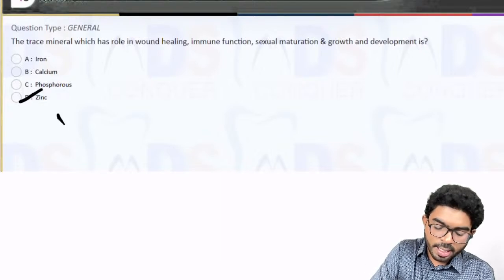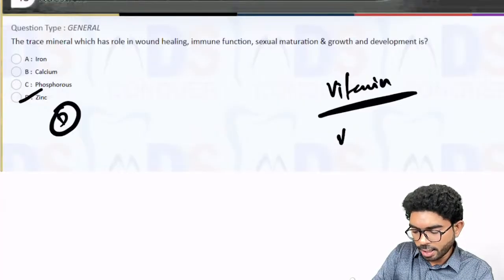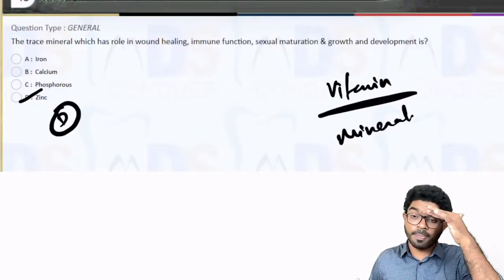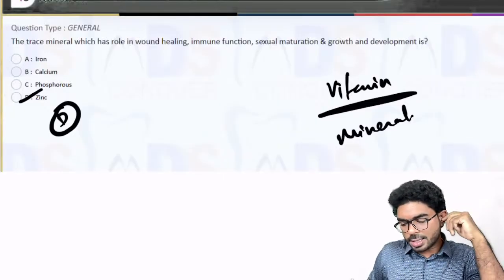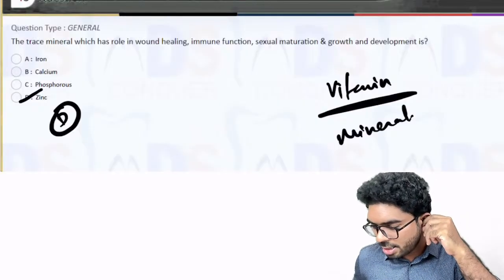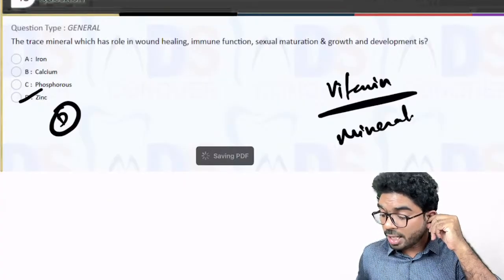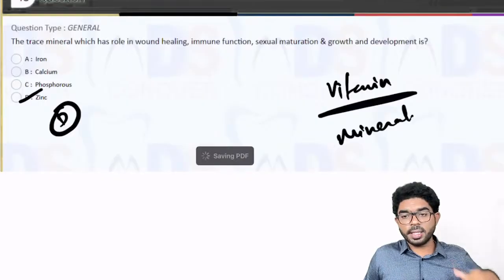Again, just as vitamins are important, minerals are also important. I'll be covering minerals in the next couple of days, and I'll be giving you one more Q bank exclusively on minerals. So someone please remind me about this. Pallavi or Wasim or Abdul, whoever is there, please remind me.